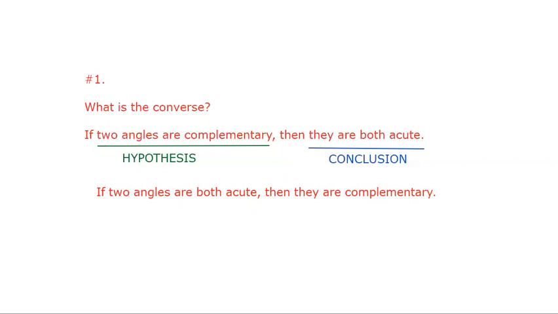Now, in these conditionals, it only takes one instance to prove something false. For instance, if it is February 28th, then it must be a leap year.